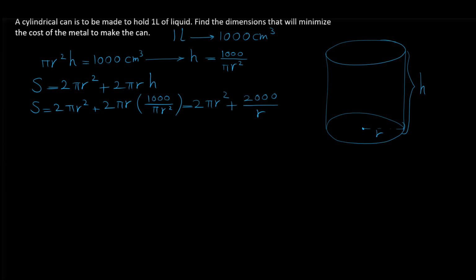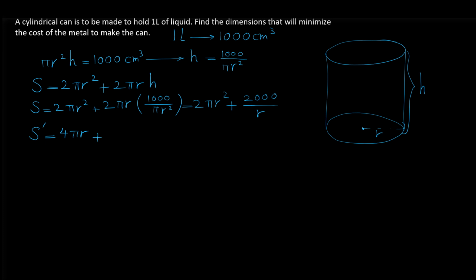Now, for finding the value of r that makes s minimum, we have to find the critical points of the function. S prime would be 4 pi r, since the derivative of 2 pi r squared with the power rule is 4 pi r.